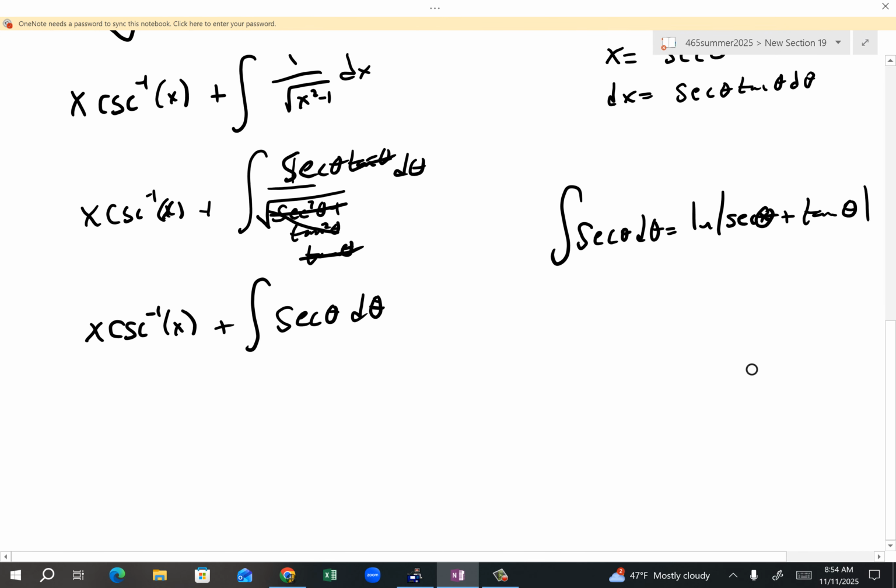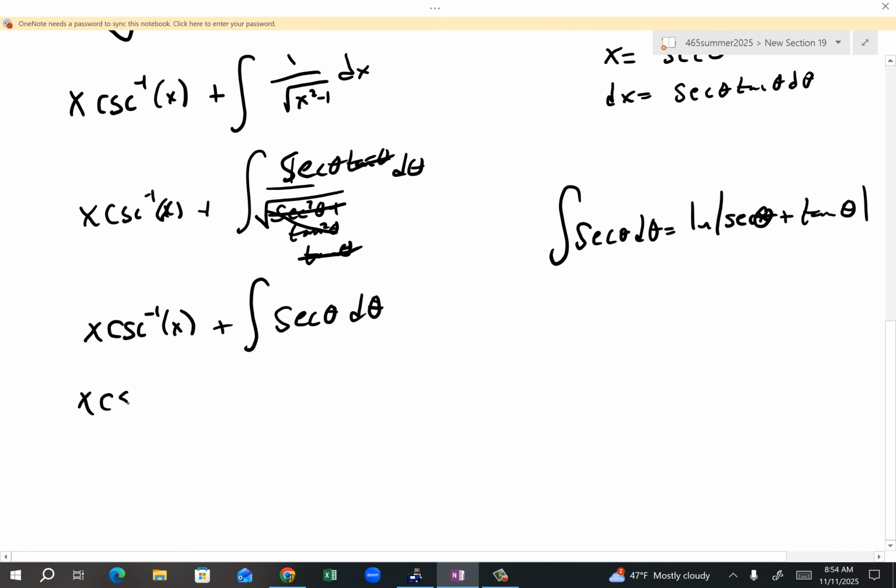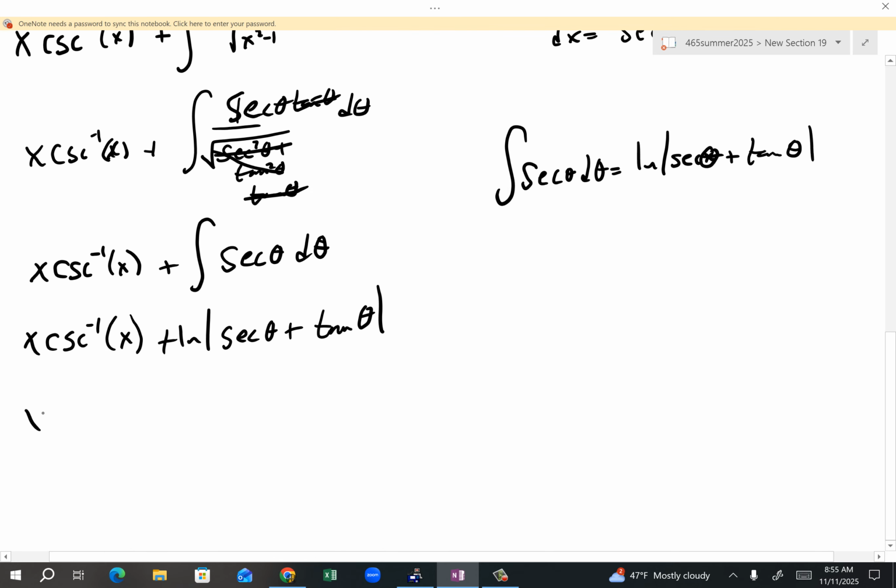So then this is going to be x arc cosecant x plus the ln of this. I'm going to write it this way first. No d theta anymore. So x arc cosecant x plus ln of the secant.